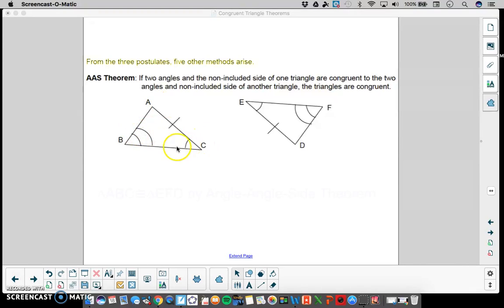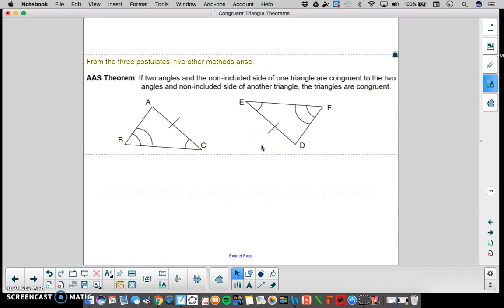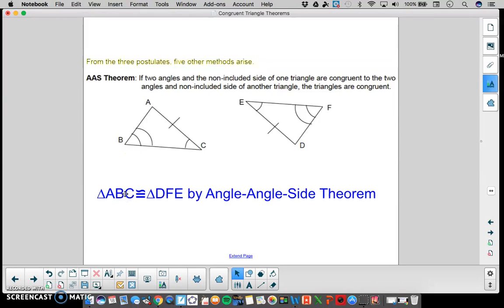So we have 2 angles in one triangle and the non-included side that's congruent to 2 angles and the non-included side in the other triangle. This gives us enough information to show that those two triangles are congruent, and then we can write the congruent statement that triangle ABC is congruent to triangle DFE by the angle-angle-side theorem.